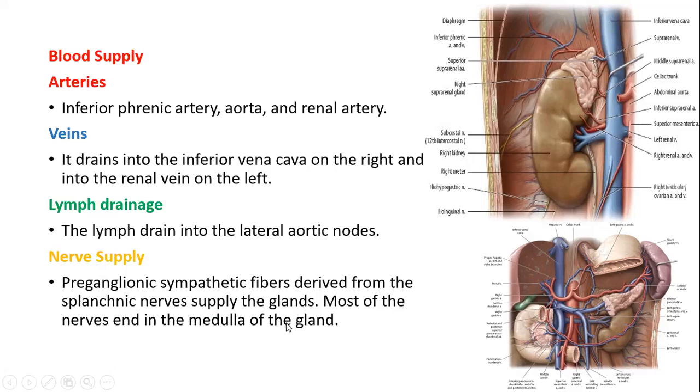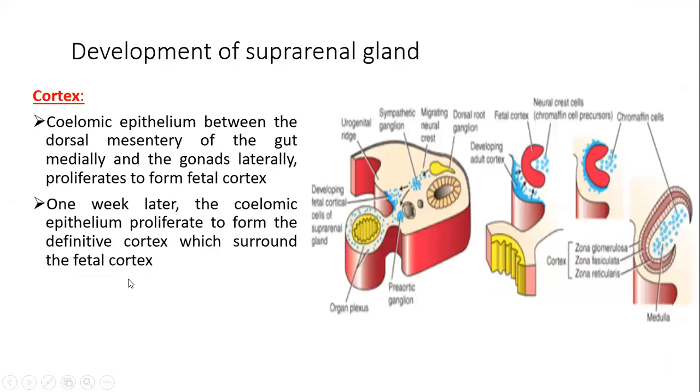Usually the postganglionic fibers will supply the different organs in the abdomen, but here it is supplied by the preganglionic fibers. Why? Because I said the medulla itself is formed by the postganglionic fibers. We'll talk about that.